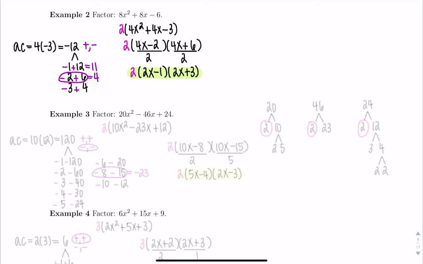Let's go ahead and try example number 3. We've got 20x squared minus 46x plus 24. There's definitely a greatest common factor we can pull out of this. We just got to figure out what it is. So let's break down 20 using a prime factorization tree. That's 2 and 10 and that's 2 and 5.